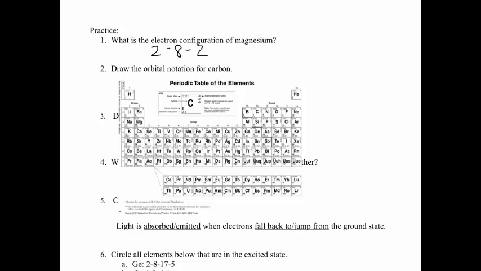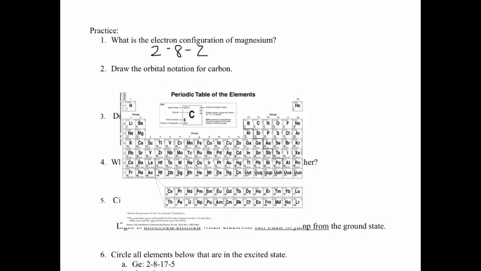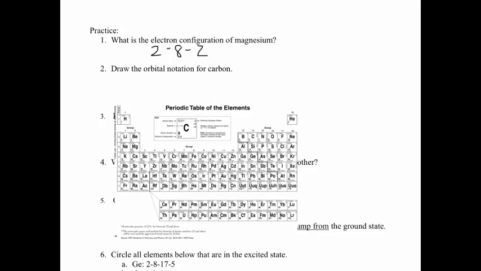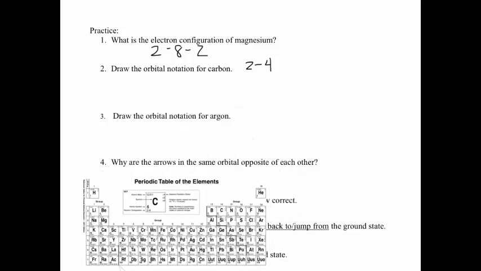All right. Next question, the orbital notation for carbon. We know that it's kind of hard to figure out the orbital notation without the electron configuration, so we're going to record that first. It's right here, 2-4, and now we can figure out our orbital notation. I'm going to do my little cheat over here, SPDF, some people do fine, and then odd numbers, 1, 3, 5, 7.